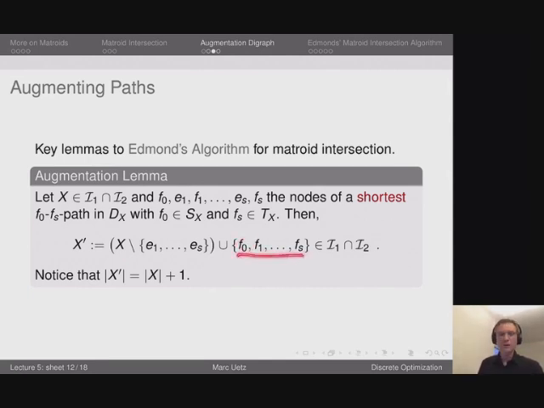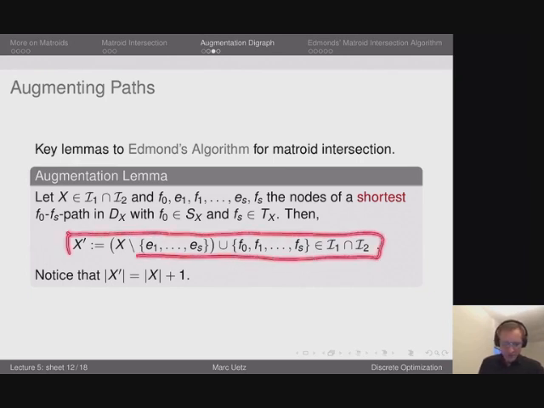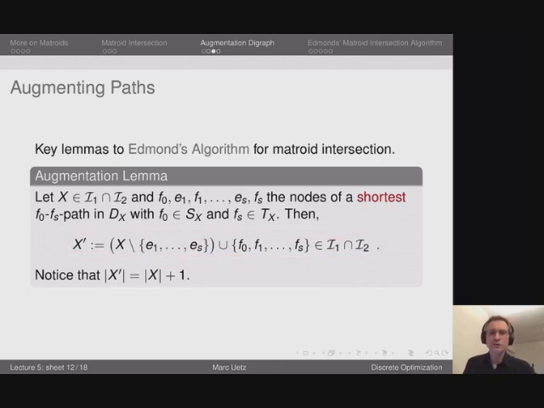And this is exactly one more. And the whole result, so the set X prime, is still going to be independent with respect to both matroids, one might say by construction. And by definition, this is going to be an independent set of size one more.